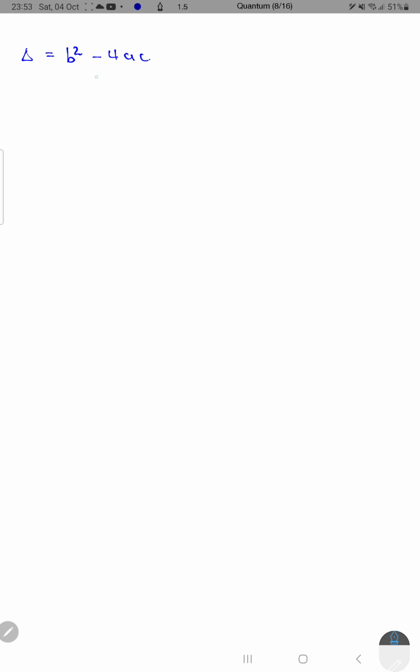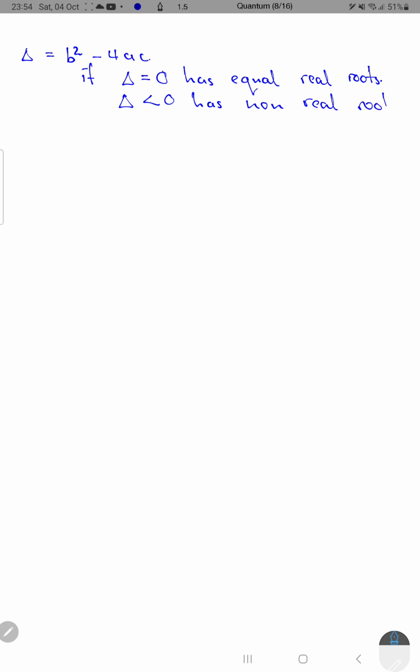If my delta is equal to 0, here's equal real roots. If my delta is less than 0, here's non-real roots.